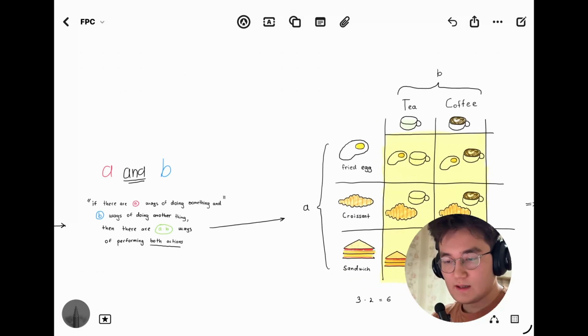Let's say there are 3 ways of choosing food for breakfast, and then there are 2 ways of choosing a drink for your breakfast. Then there are 3 multiplied by 2 ways of different breakfast options.